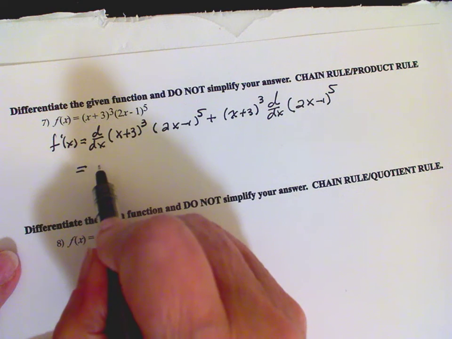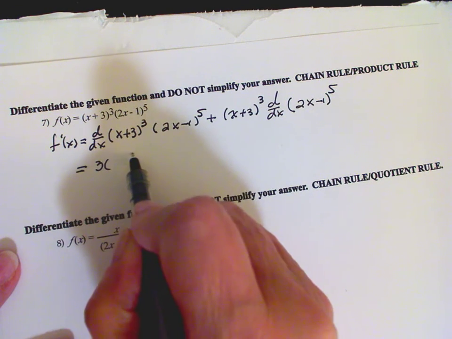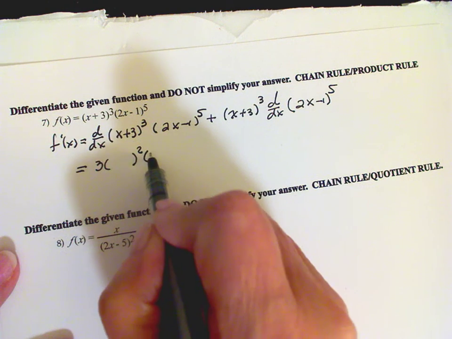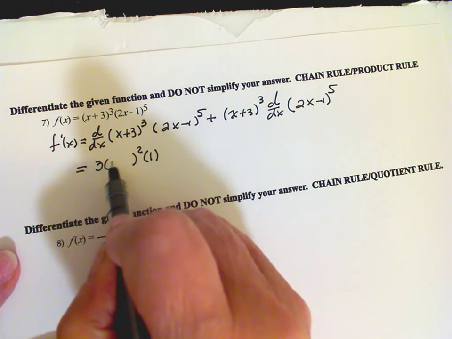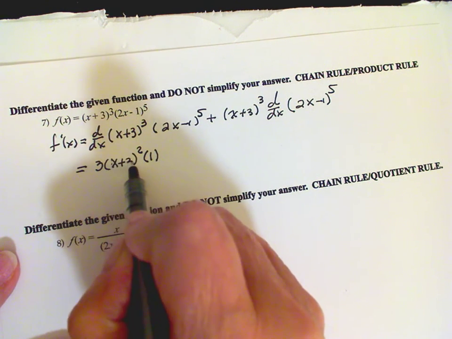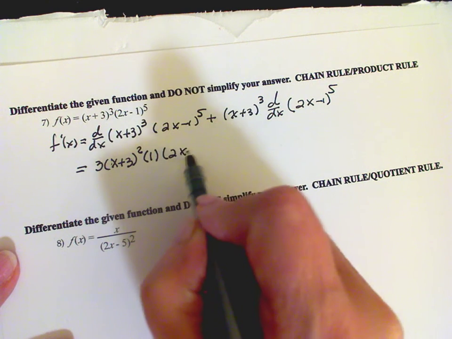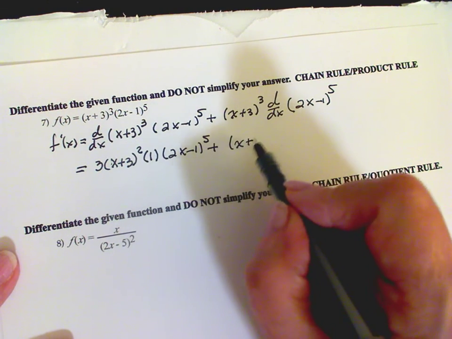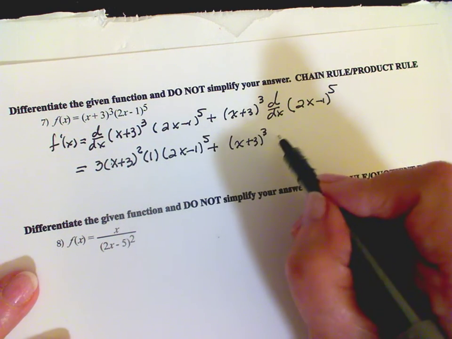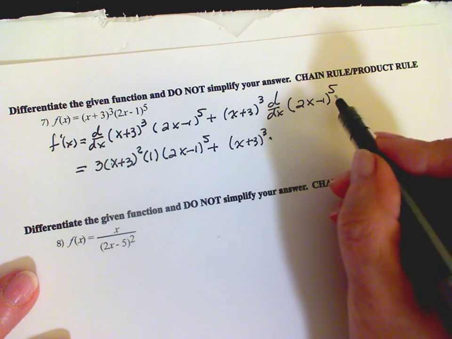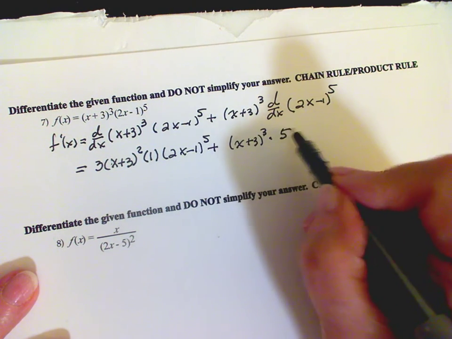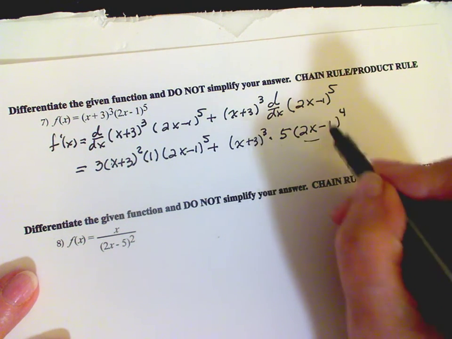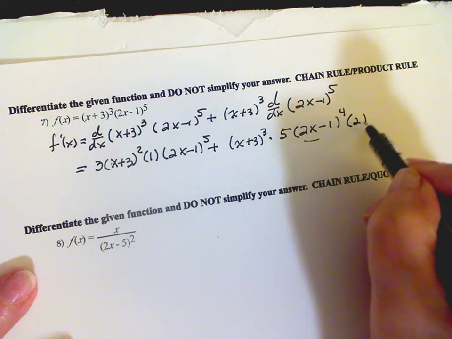So the derivative of the first is 3 times the blob squared. The derivative of x plus 3 is just 1. Plus x plus 3 cubed. Now the derivative of the second one is 5 times 2x minus 1 to the 4th. The derivative of the inside is just 2.